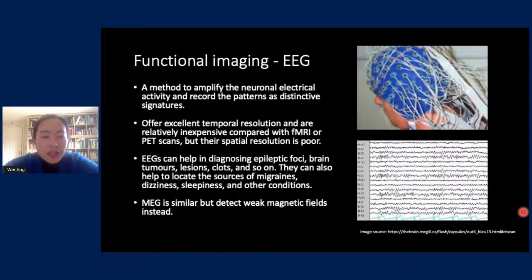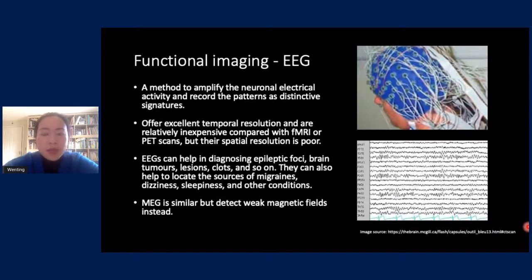It offers excellent temporal resolution and is relatively inexpensive compared to using fMRI or PET scan, which we'll discuss next. Its spatial resolution is quite poor comparatively. EEGs can help diagnose epileptic foci, brain tumor, lesion, clots, and so on. They can also help to localize the sources of migraine and dizziness. It's often used to diagnose these conditions.